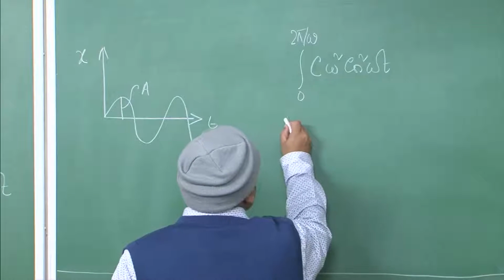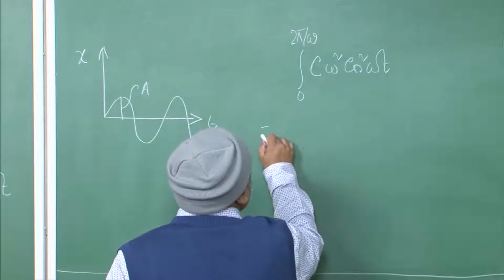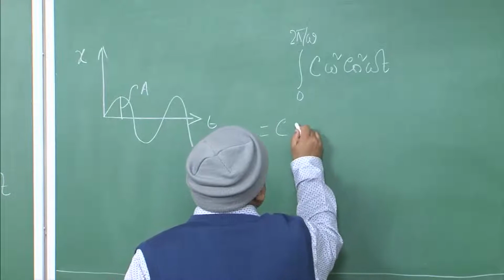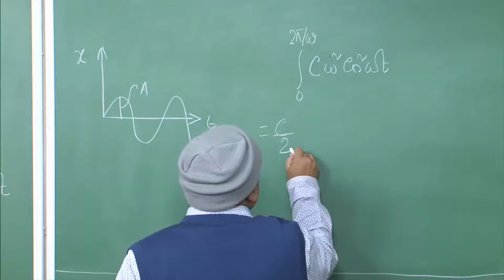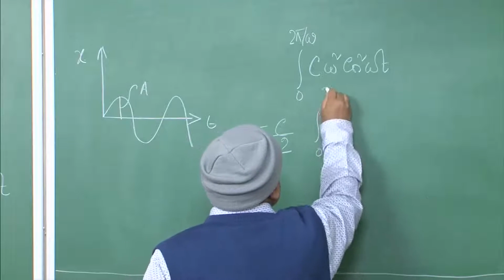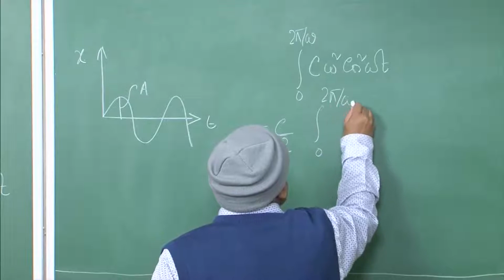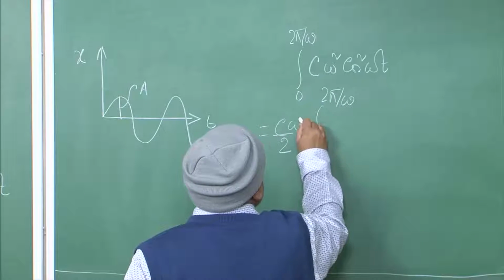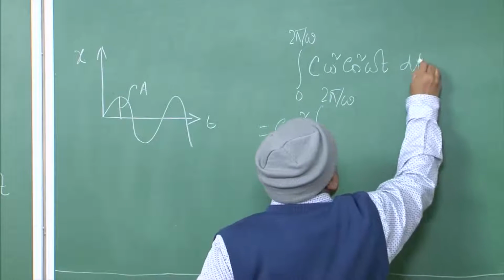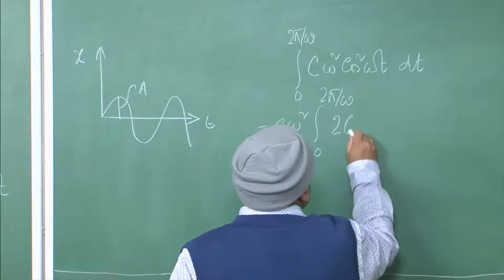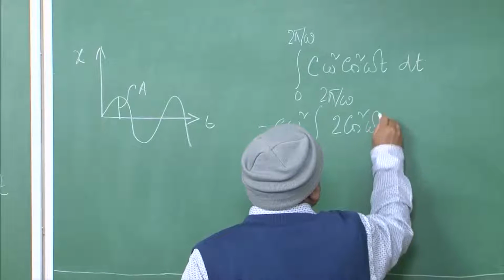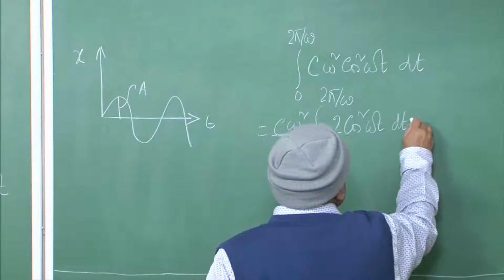So, we can write it in terms of C, and let us say we divide it by 2. So, we get the integral from 0 to 2 pi by omega. Omega square also we can take out. Then what we are getting is 2 cos square omega t dt.